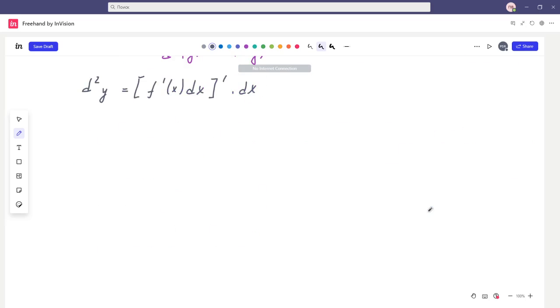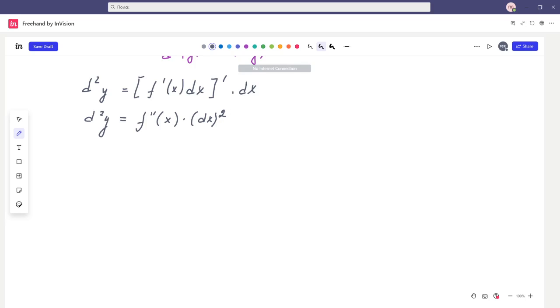Since dx is independent of x, dx is taken outside the sign of the derivative upon differentials, and we get d second y equals f second prime of x times dx double.